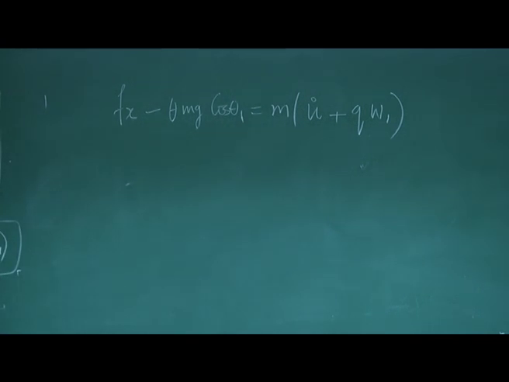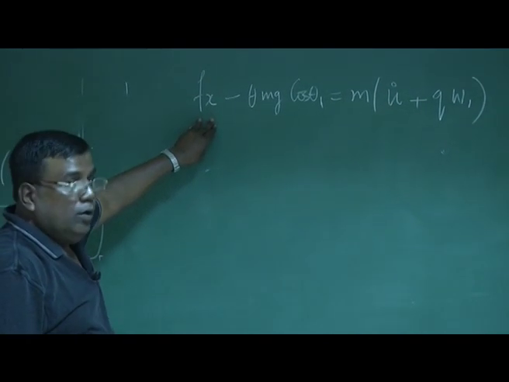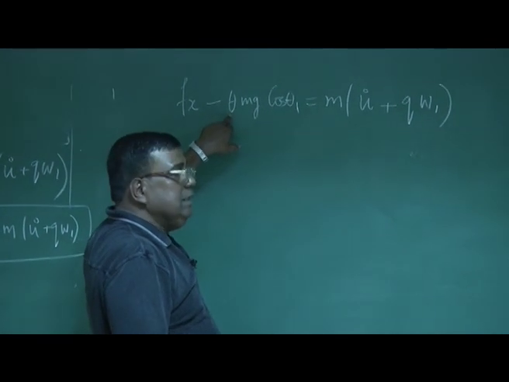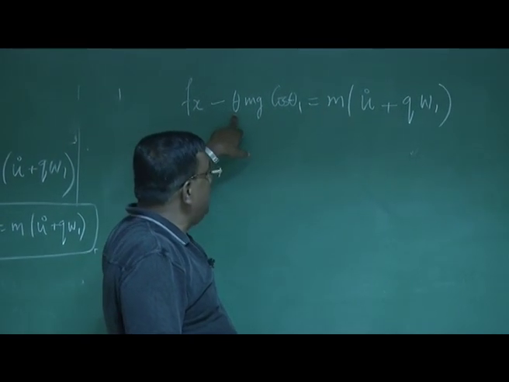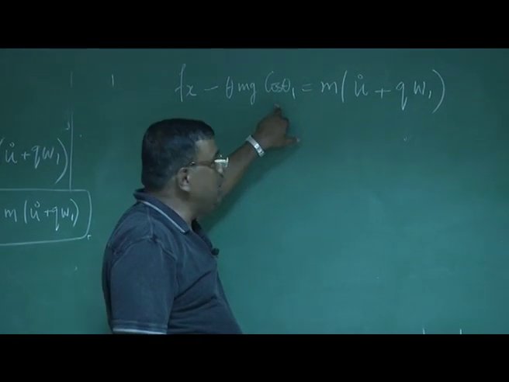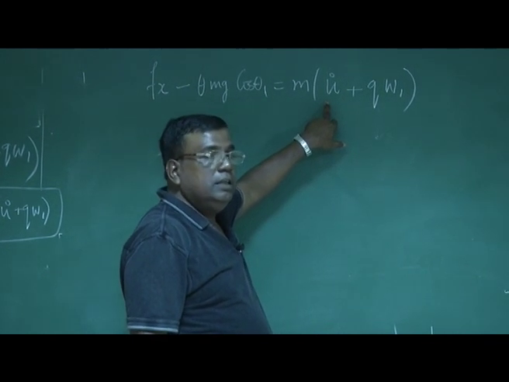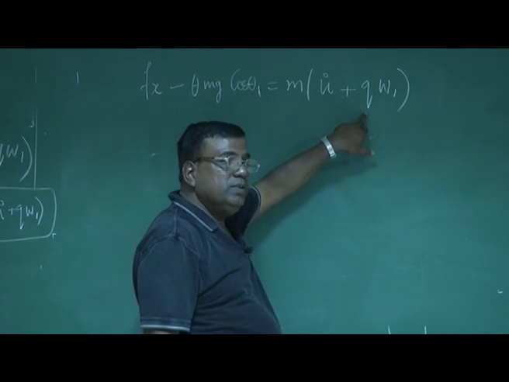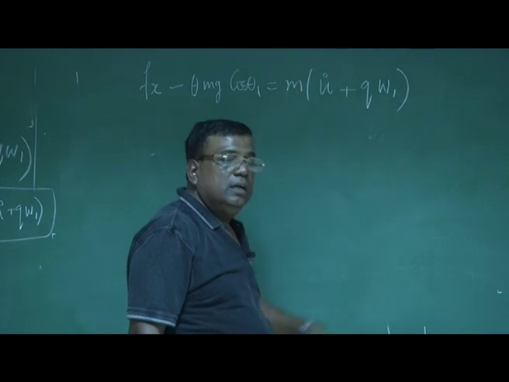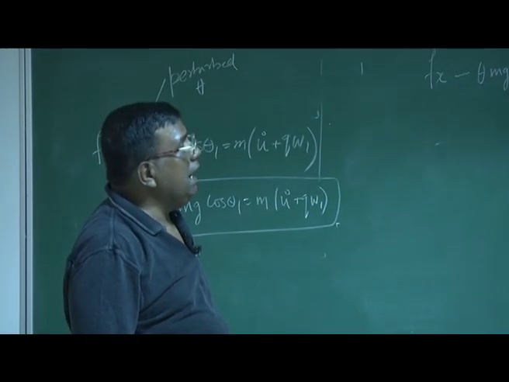And I know by now Fx is the perturbed aerodynamic force along x direction, theta is the perturbed pitch angle, theta 1 is the steady state pitch angle, u dot is the perturbed acceleration, q is the perturbed pitch rate, w1 is the component of velocity along z direction at steady state.